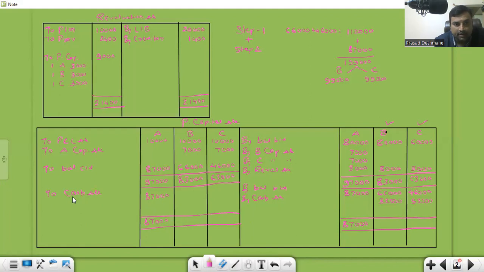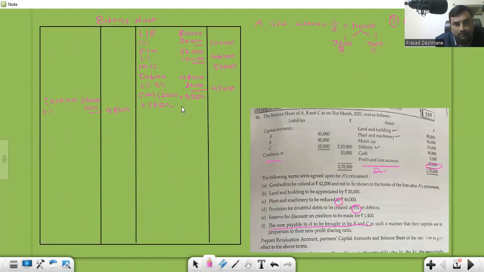And since we paid in cash, I'll subtract from the cash balance, 87,000. Now if I calculate my cash balance, first it was 2,000, then 33,500 gets added, 53,500 also added, and then we made the payment of 87,000. So the final balance I got for the cash is 2,000.